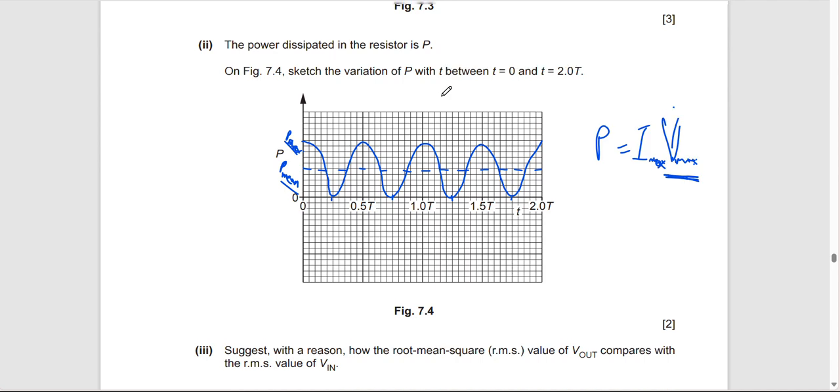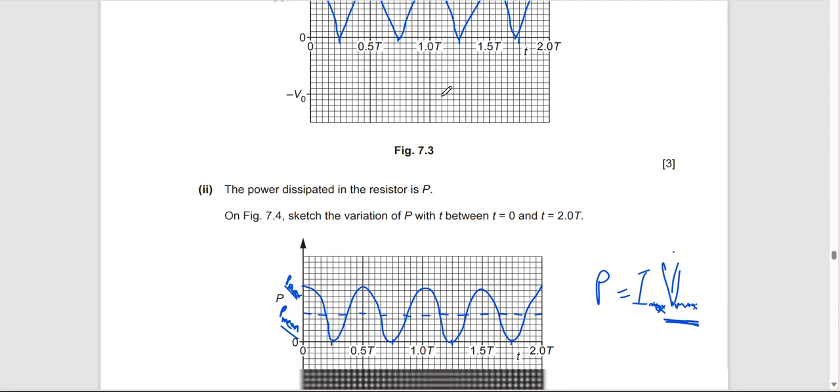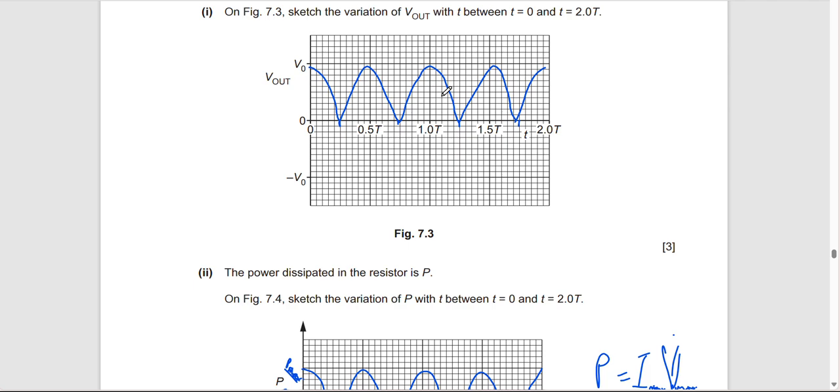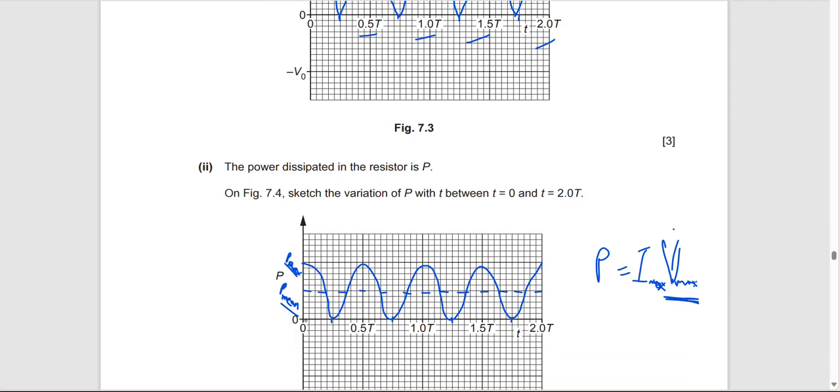It will have the same pattern as the V out right there. As you can see, where your V out is maximum at these points, 0, 0.5, 1, 1.5, and 2, that is where your power will be maximum as well. Then you can label that this is P max, power max.